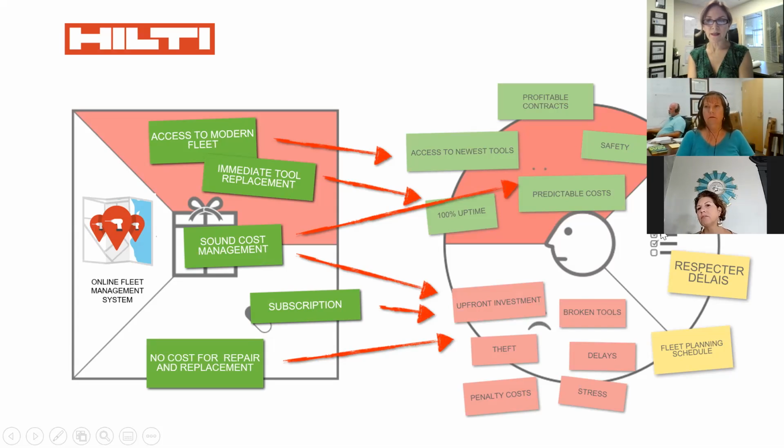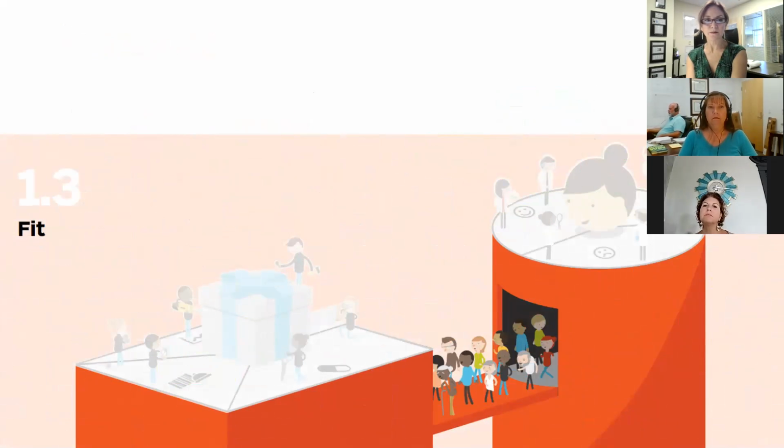So all the pains and the gains and all the things they learned from this boss, they were able to put into a business model that made the company a different company. So then they found a fit.